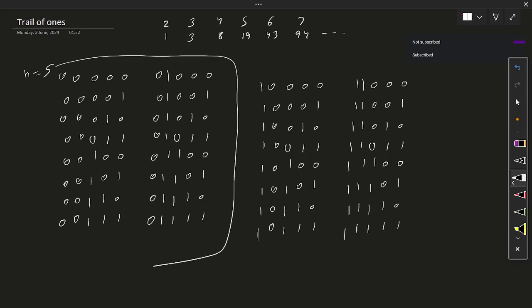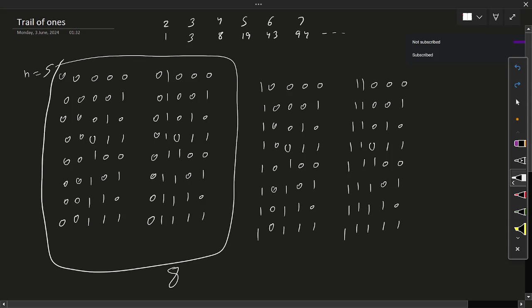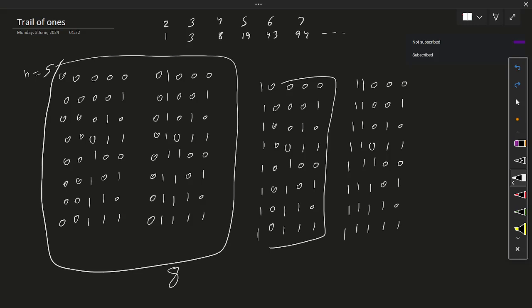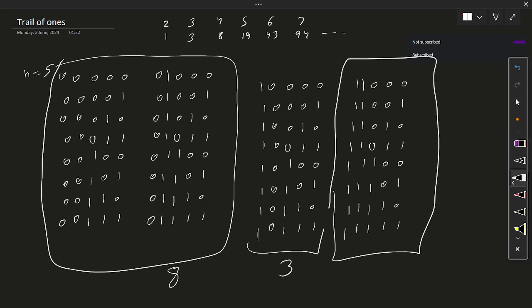This is a set of 4, and I have written 0 in front of them. In the set of 4 we have 8. And this is a set of 4, but I have written 1 in front of them. And this is a set of 3, and I have written 0 in front of them. So just check how many consecutive ones there are in a set of 3. In a set of 3 we have the answer as 3. So in this set we have 3, and in this set I have to check.